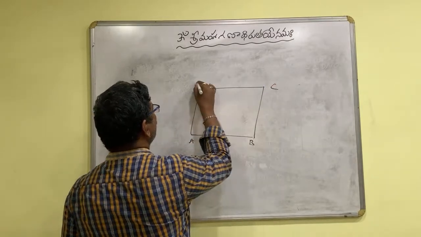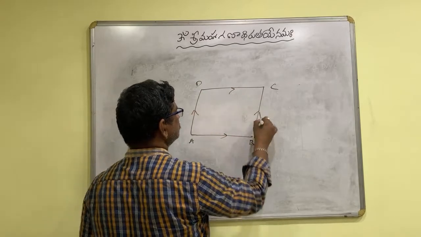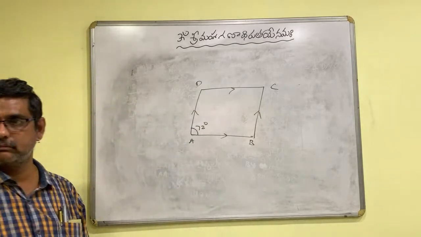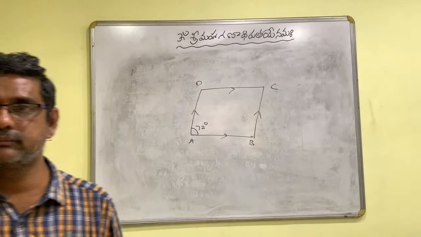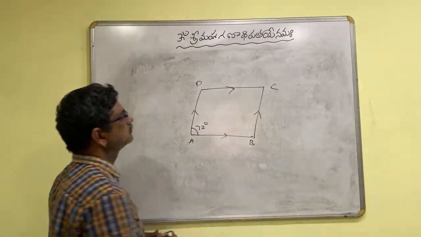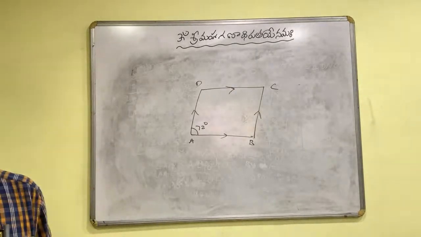ABCD is a parallelogram. If angle A is 72 degrees, can we find all the remaining three angles?